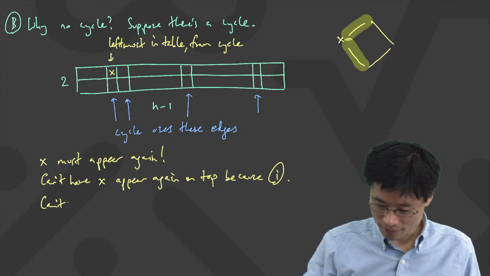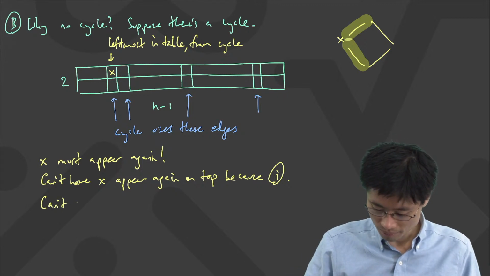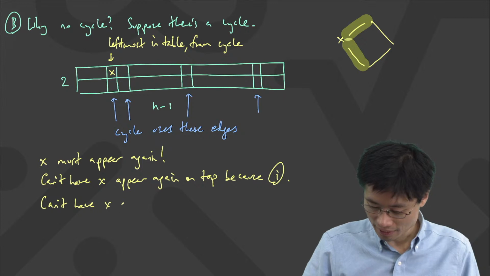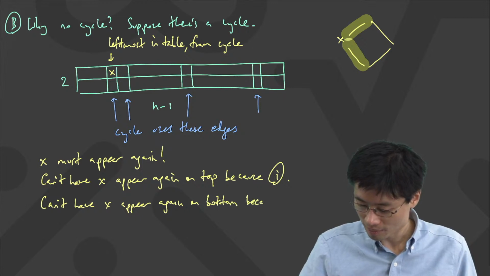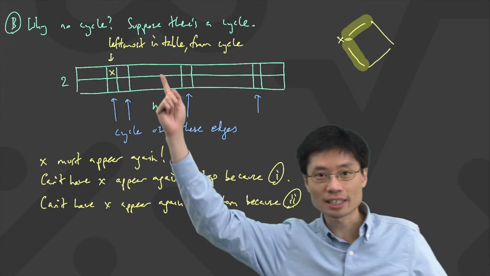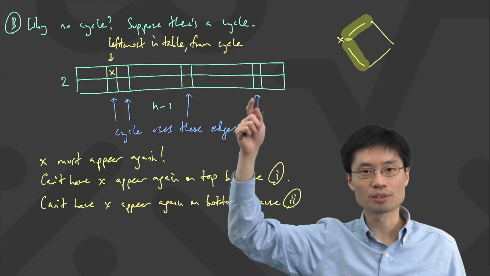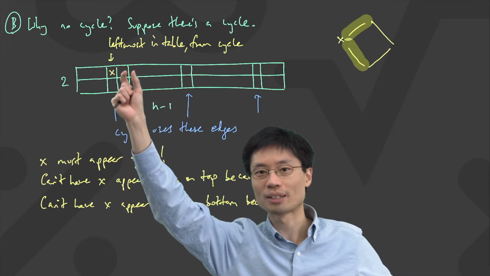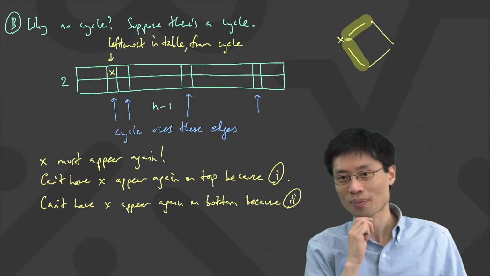And you can't have x appear again on the bottom because of the 2. The 2 was like if I have an x up there and I have an x down there, then the first one that was up there shouldn't be there because it was supposed to avoid everything below and to the right.